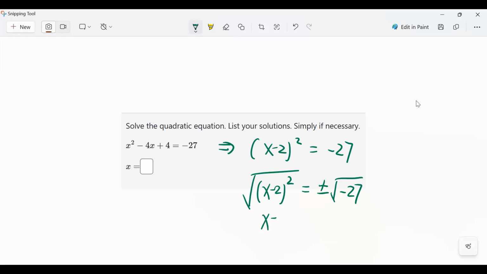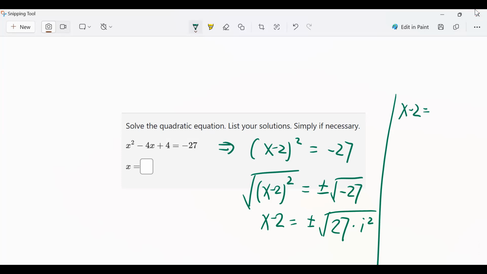Then this becomes x minus 2 equals plus or minus the square root of 27 times i squared. Then from here, break down 27 as 9 times 3. So plus or minus the square root of 9 times 3 times i squared.